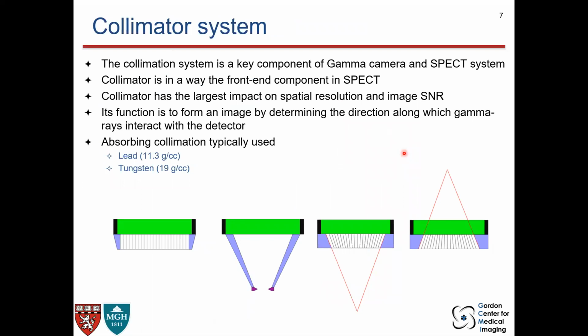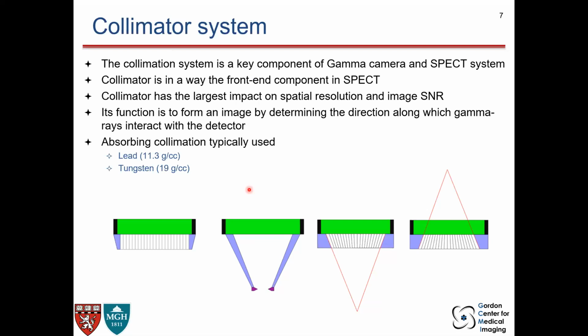And the second most important component of the system in gamma camera and SPECT is the collimator. The collimator is, in a way, behaving as a kind of front-end component in a SPECT.